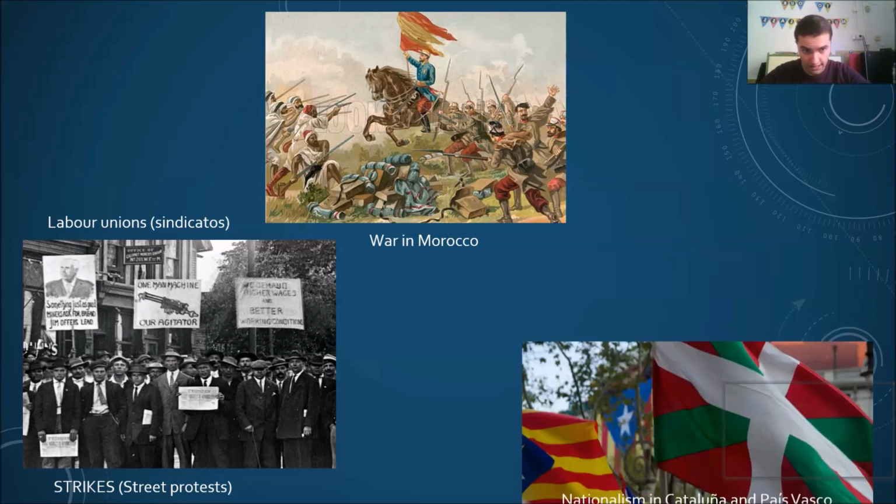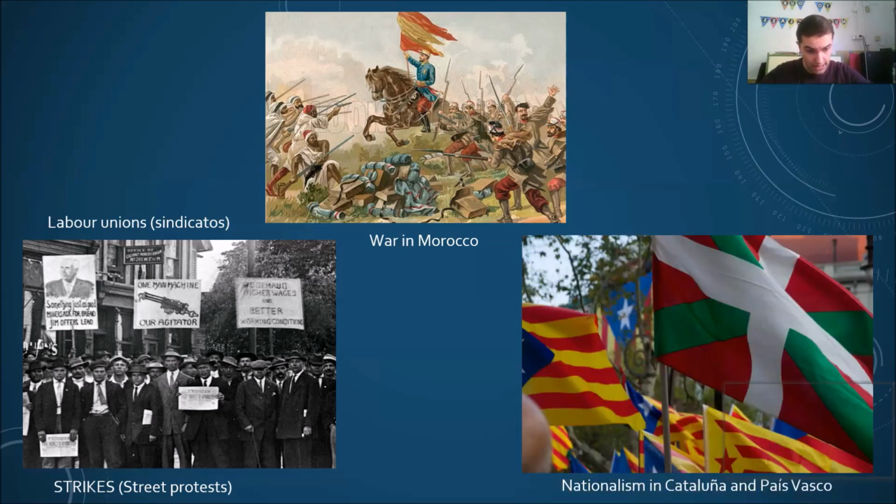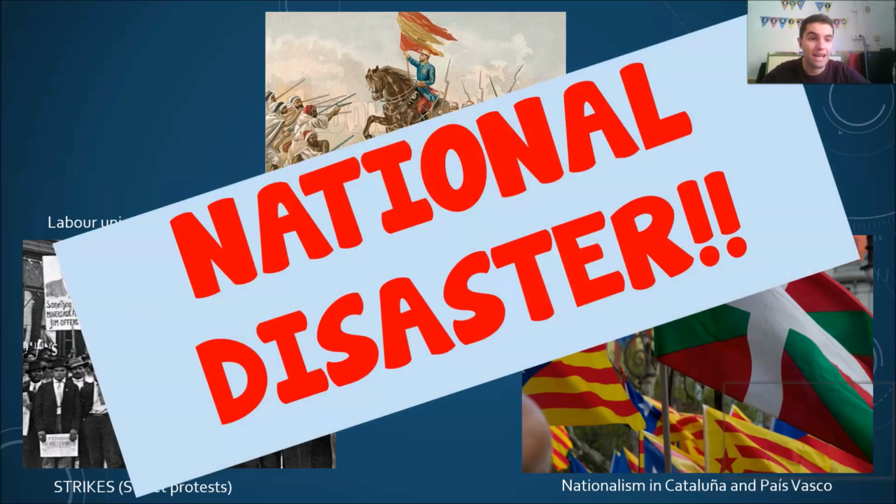Y esto genera guerras. And it also starts the nationalism in Catalonia and the Basque country. They want to be more independent. También empieza a haber nacionalismo en Cataluña y en el País Vasco, no se sienten tan parte del país y quieren más independencia, ¿vale? Entonces todo esto genera muchos conflictos, lo que genera un desastre nacional.